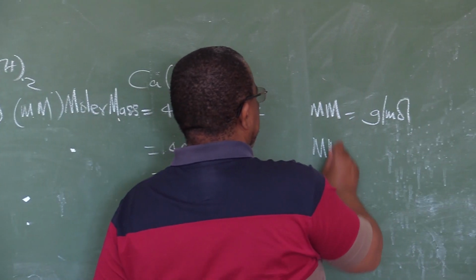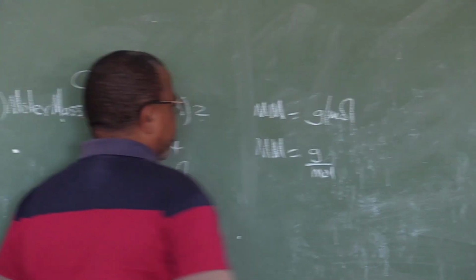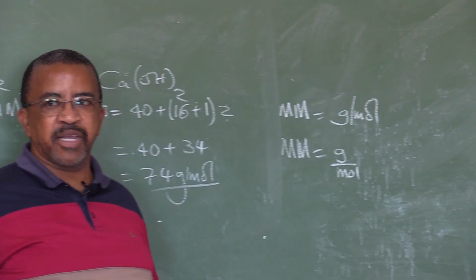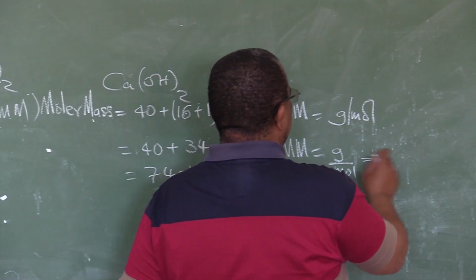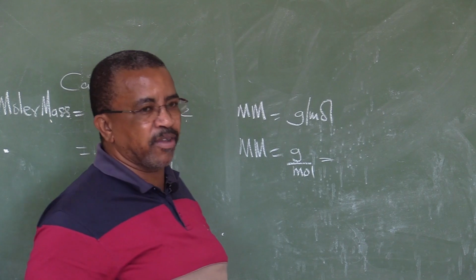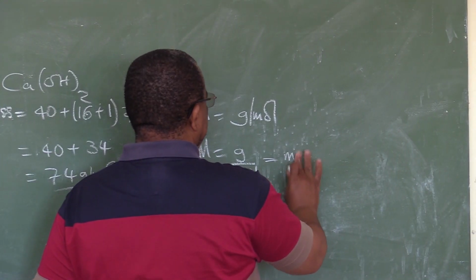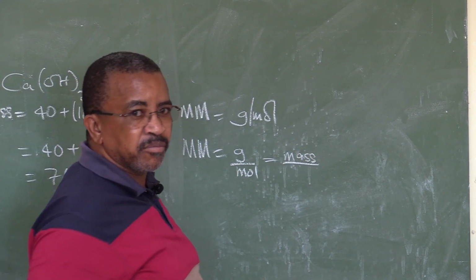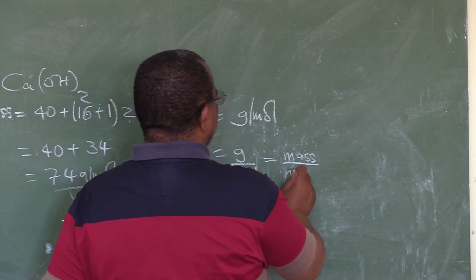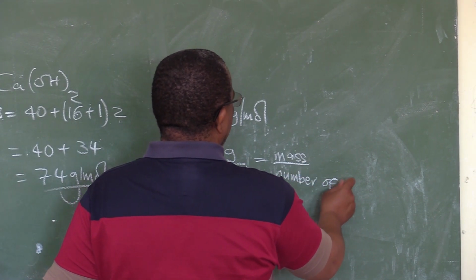Molar mass is grams over mole. What is measured in grams? The mass. So mass over mole is the number of moles.